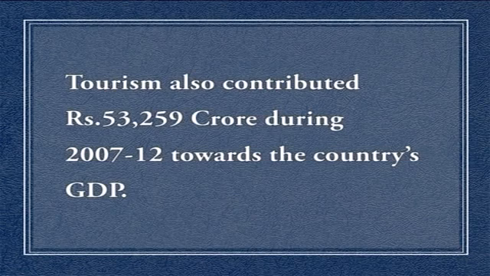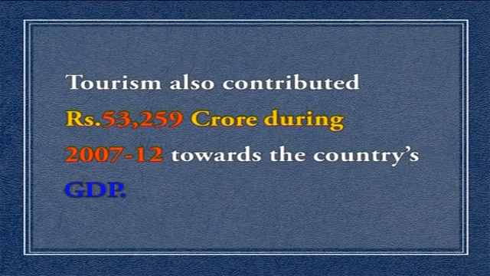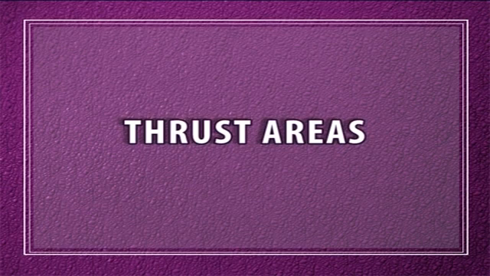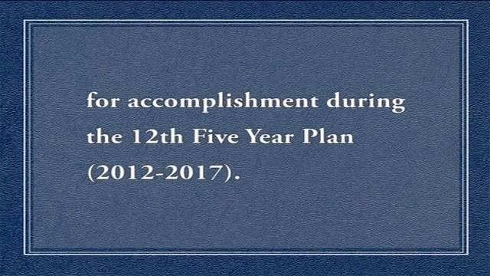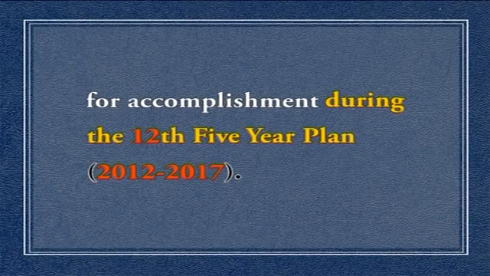Tourism also contributed rupees 53,259 crore during 2007 to 2012 towards the country's GDP. Thrust areas. In order to speed up the development of tourism in the country, several thrust areas have been identified for accomplishment during the 12th five-year plan.